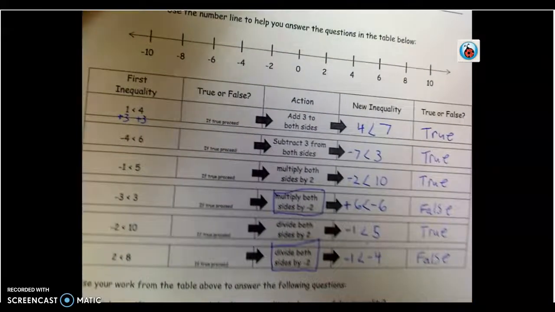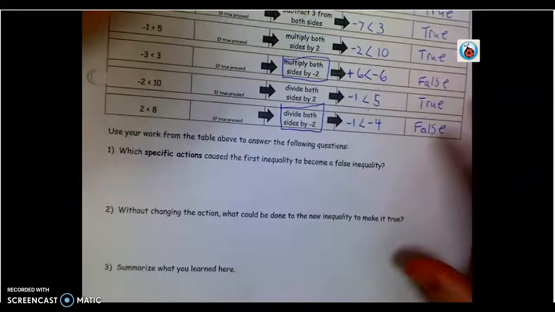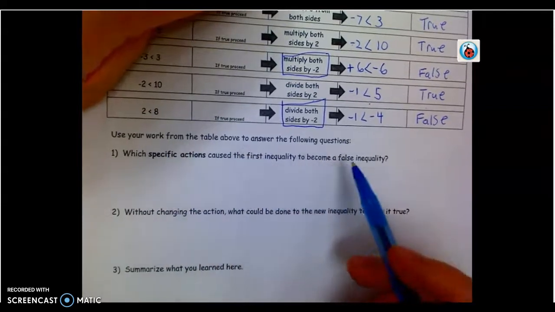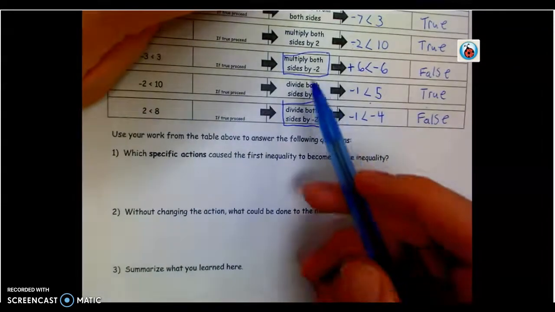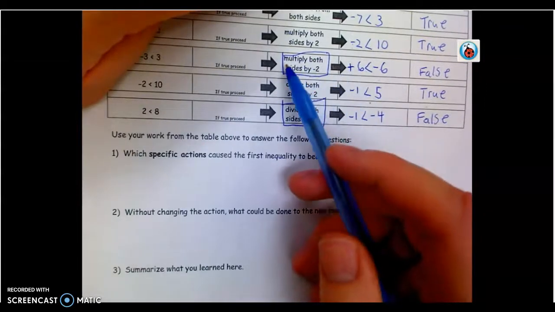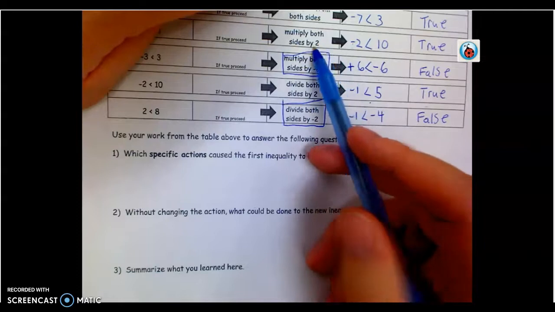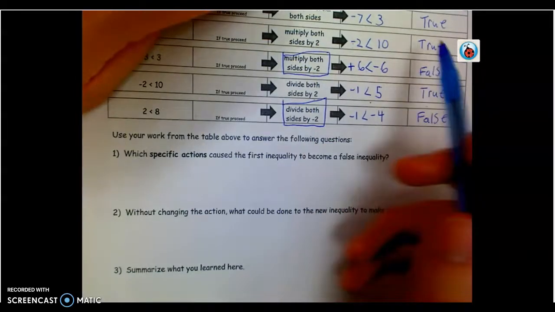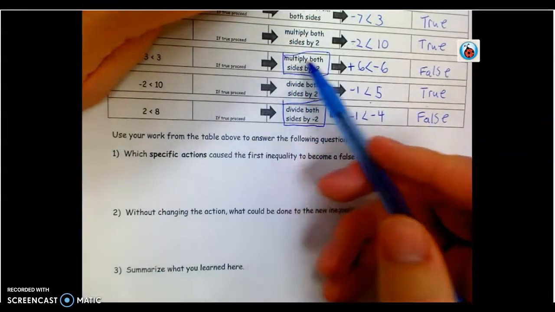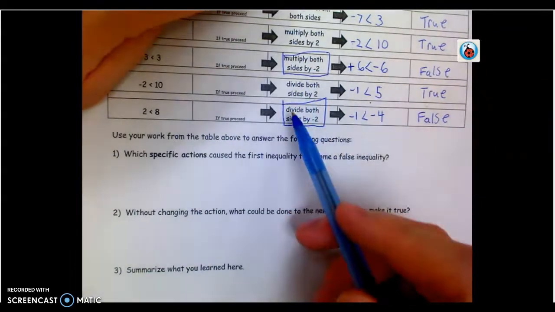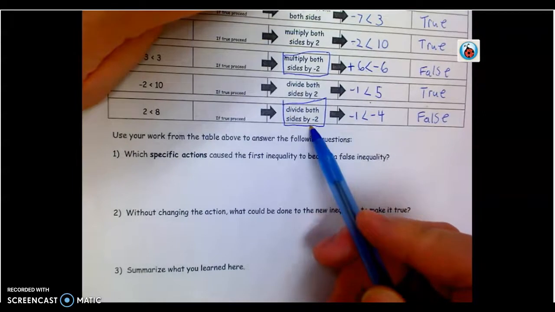For the first little reflection question, which specific actions caused the first inequality to become false? Well, the first one that became false was when we multiplied both sides by -2. Multiplying by +2 stayed true. Multiplying by -2 made it become false. The other one that made it become false was dividing both sides by -2.